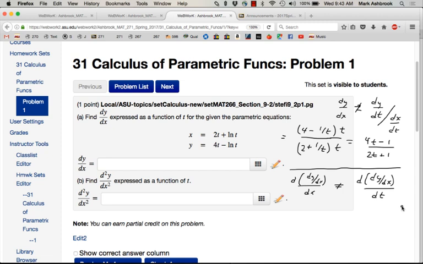So what are we going to do? Same thing. We've got it with respect to t, we want it with respect to x. I'm not done yet. How do I use this now to find the derivative of the derivative with respect to x?